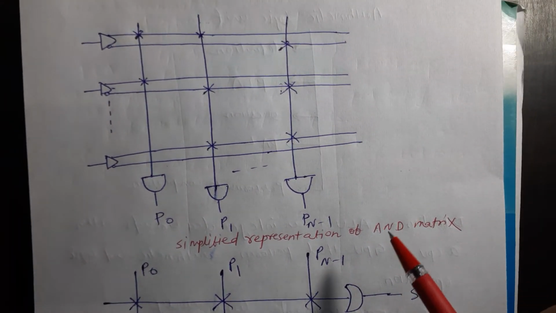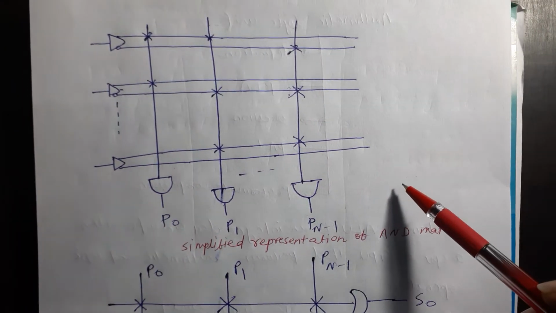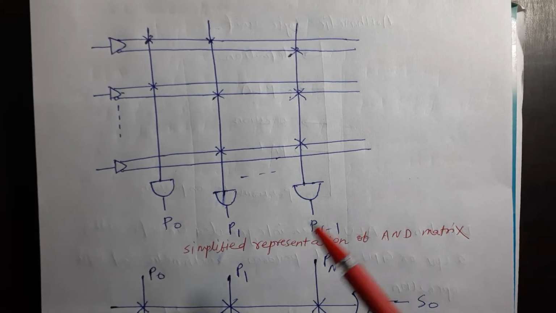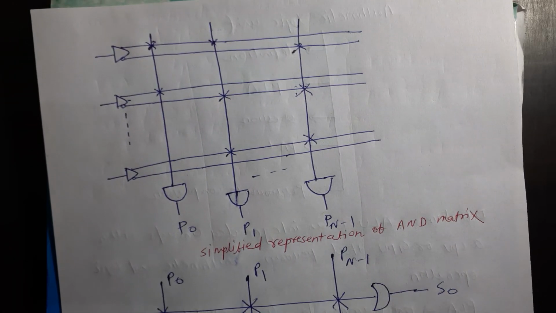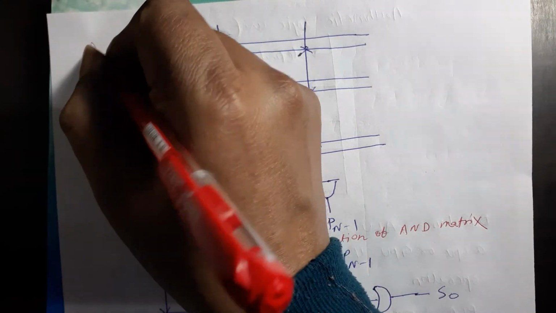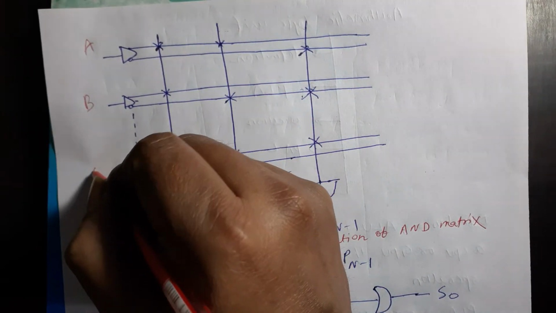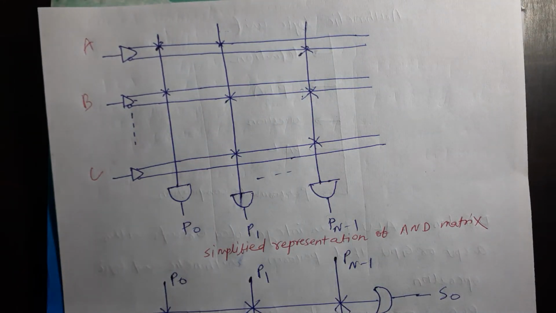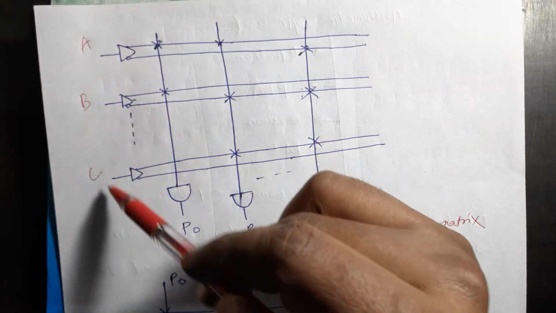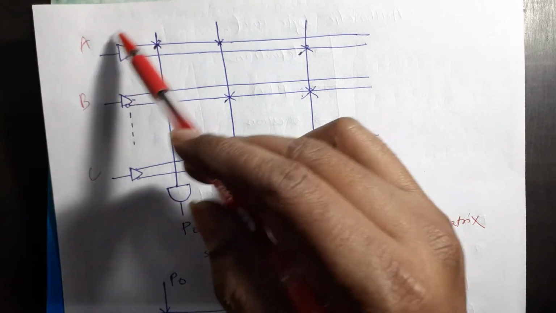Okay, now next, this is the simplified representation of AND matrix. For example, this is input A, this is input B, and this is input C. Here it will act like buffer and inverter both.